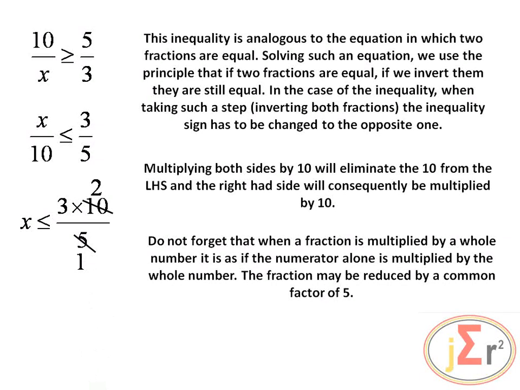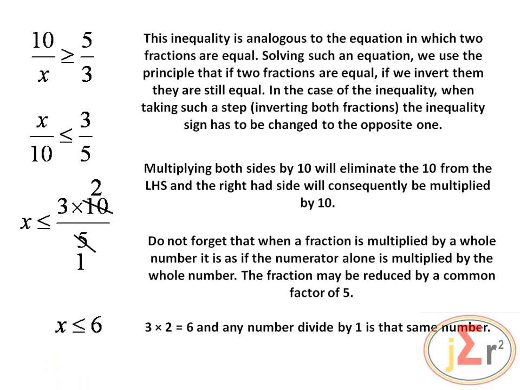We have x is less than or equal to 6. 3 multiplied by 2 is equal to 6, and any number divided by 1 is that same number. So we say 3 2's 6, then 6 divided by 1 is 6. We have x is less than or equal to 6.